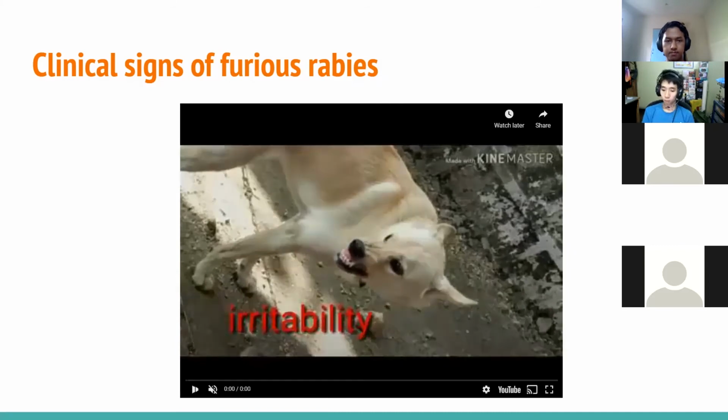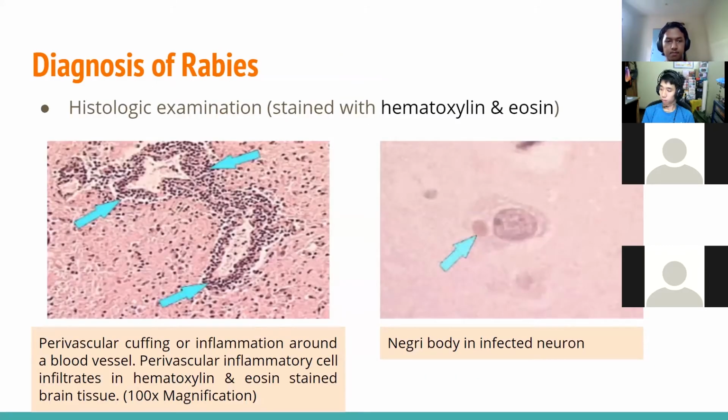Okay, next. I will continue on the diagnosis of rabies. The first diagnosis of rabies is histologic examination. We can take brain tissue from rabies virus infected animals and stain it with hematoxylin and eosin stain.